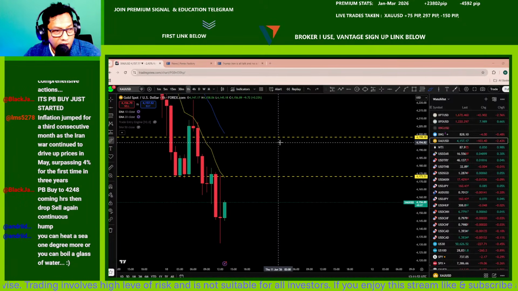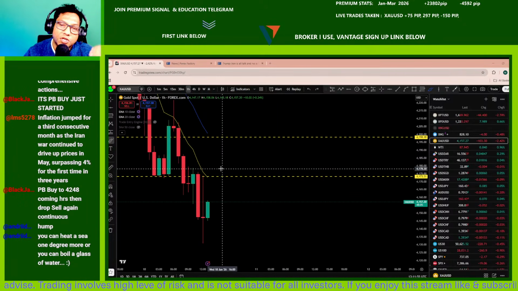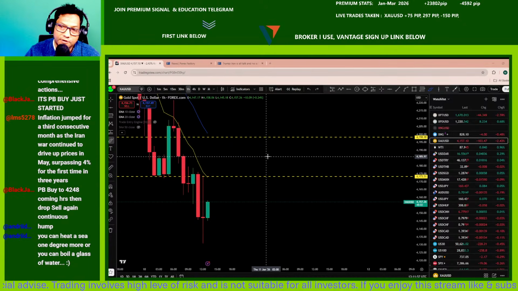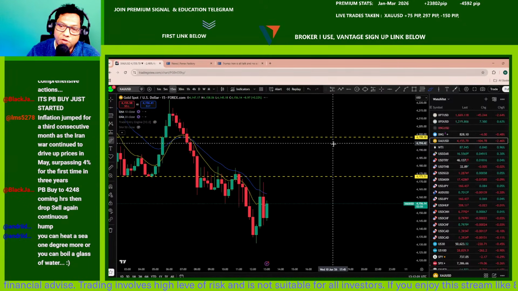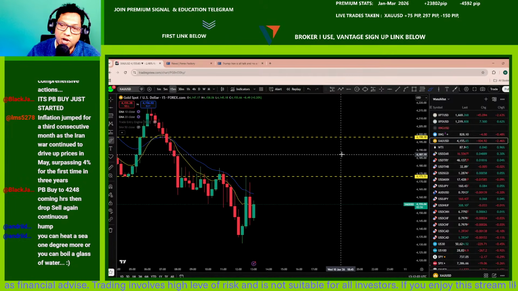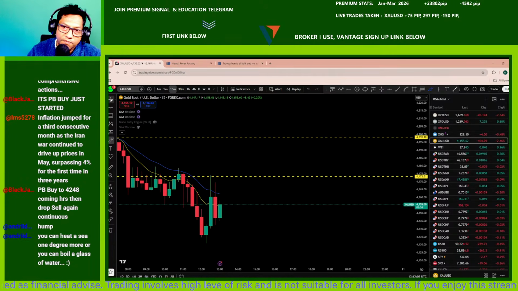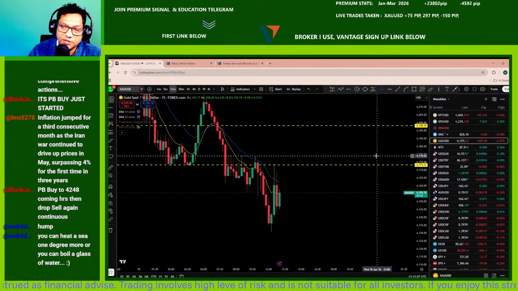All right, so now because there is a long wick doji here, we see that the market is slowly creating a structure in that area.